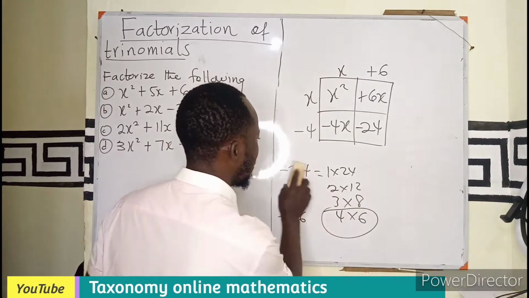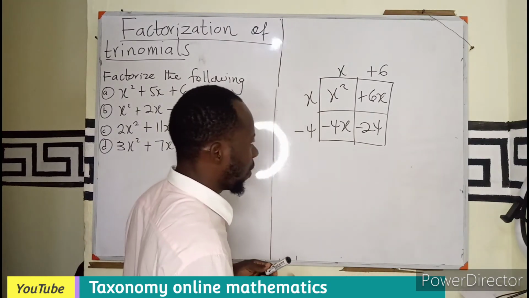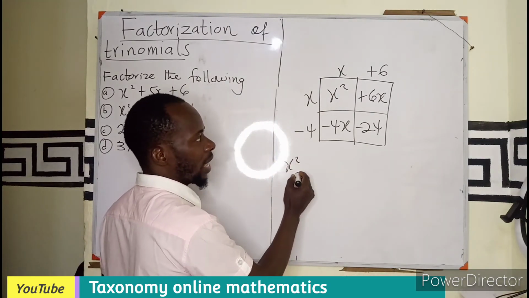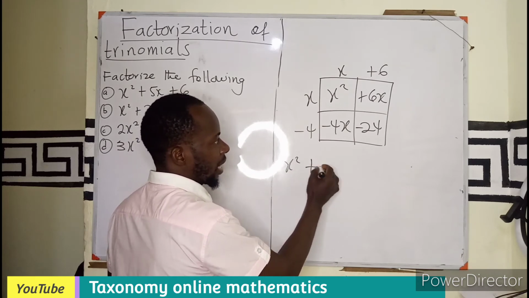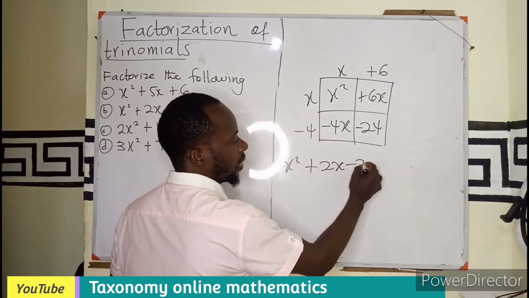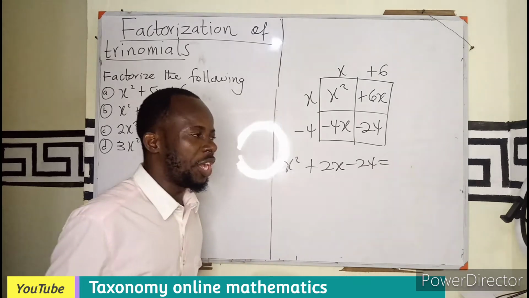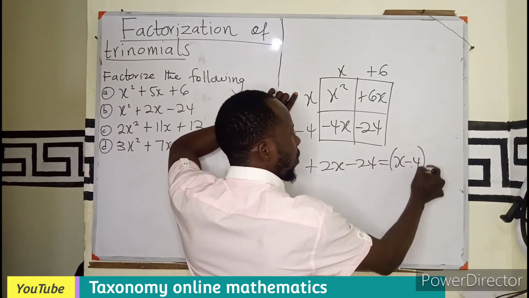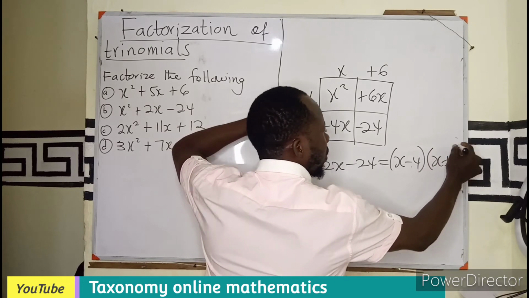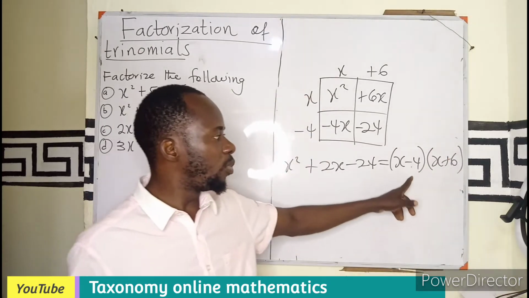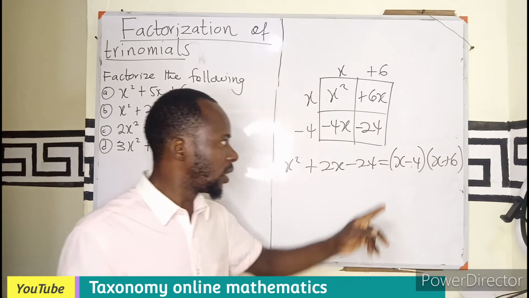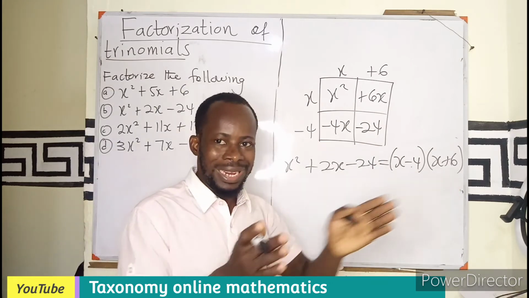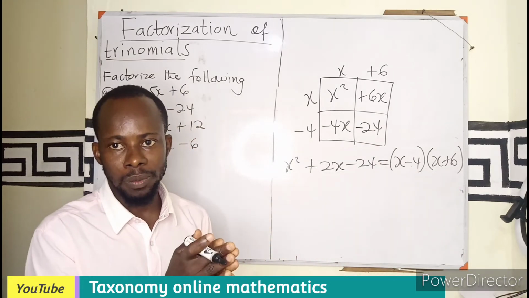So right away, what I am looking for is going to be x squared plus 2x minus 24, and its factorization is just x minus 4, x plus what? 6. So our PQ multiplication gives us this, and PQ addition gives us our 2.